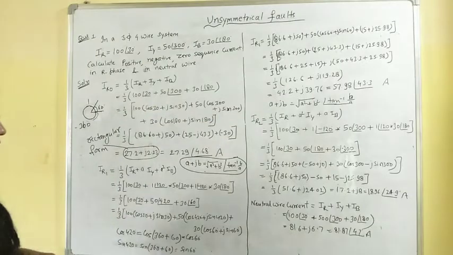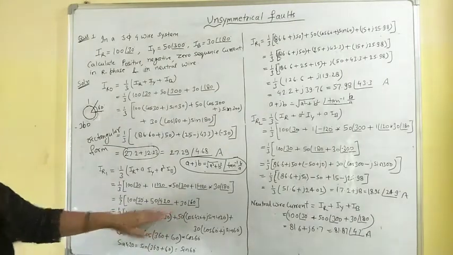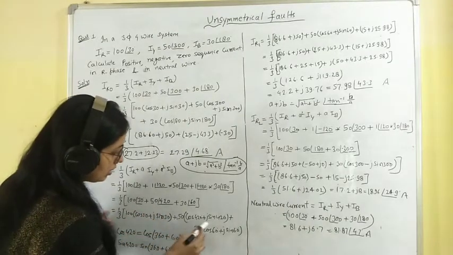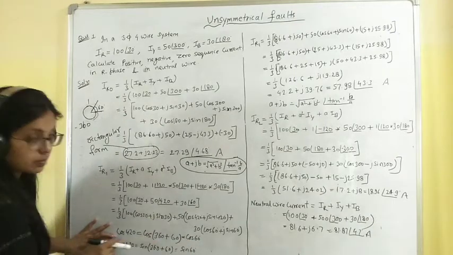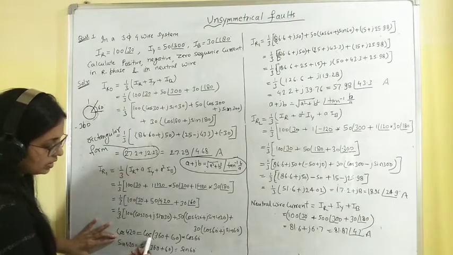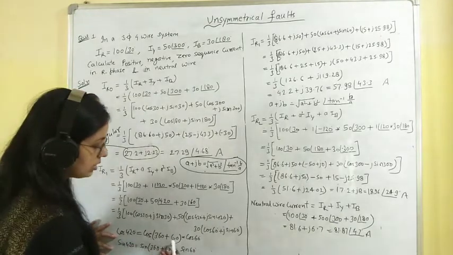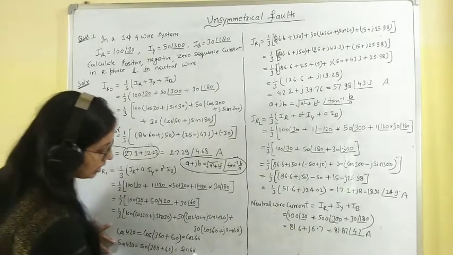If we write it as 60 degree, then cos 420 is cos (360 plus 60 degree), and cos (360 plus theta) is cos theta, and sin (360 plus theta) is sin theta.